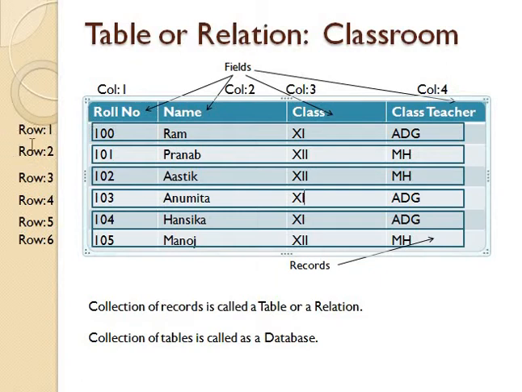So for the first row, 100, Ram, 11, ADZ forms a record. For the second row, 101, Pranab, 12, MH forms another record. For the third row, 102, Astik, 12, MH forms another record. That's why all these records I have put inside one rectangular box, and you can see clearly in this table.